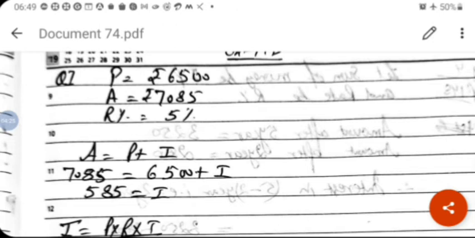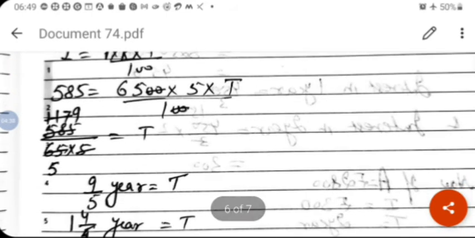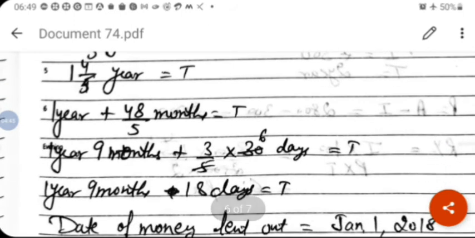The principal is rupees 6500, amount is 7085, rate percent is 5%, so interest is 585. Now I is equal to PRT upon 100, placing the values here, we get the value of T as 9 upon 5 years. Converting it, it becomes 1 year, 48 upon 5 months, and again converting into days, it becomes 1 year, 9 months and 18 days.